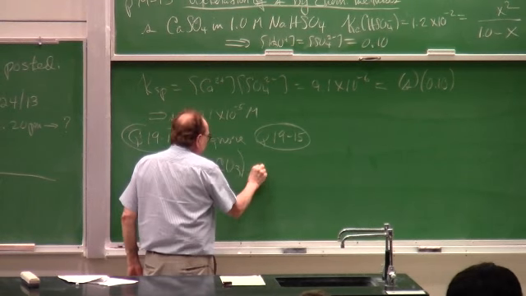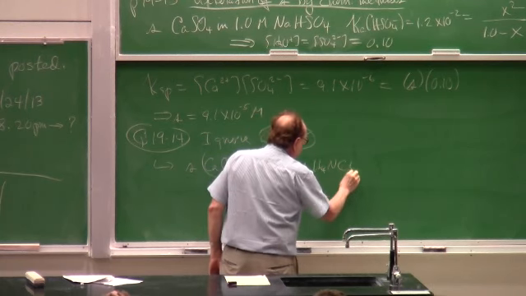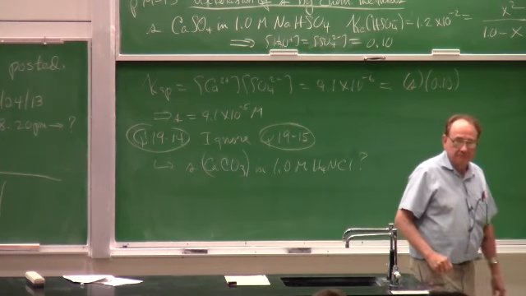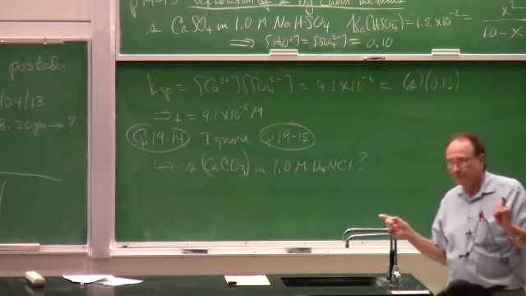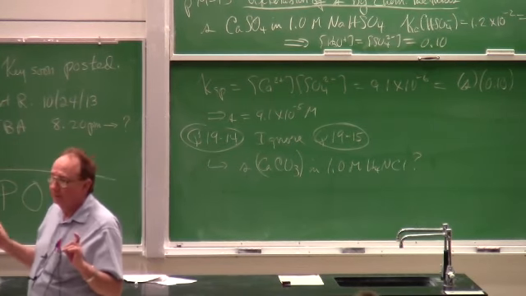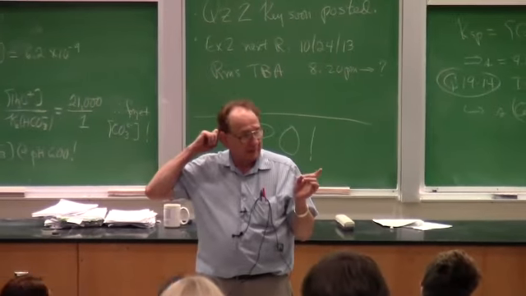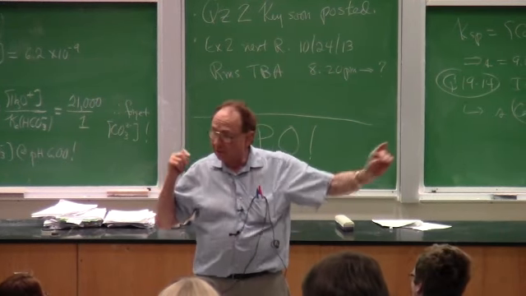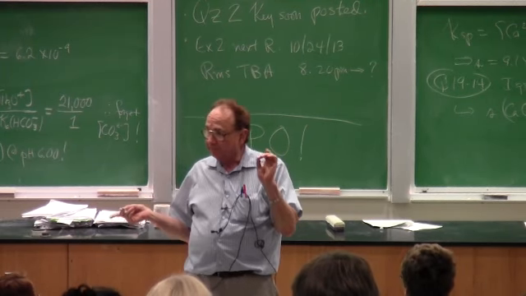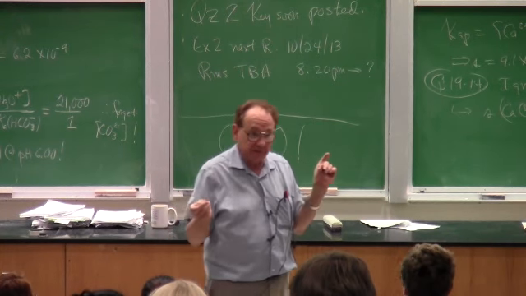S of CaCO3 in 1.0 molar ammonium chloride solution. As we said, before we do any arithmetic, we know the solubility of calcium carbonate in our ammonium chloride solution has got to be greater than its solubility in straight water, because neither ammonium ion nor chloride ion brings about precipitation of calcium carbonate, but ammonium ion is a stronger acid than water, so it'll kill carbonate ion more effectively than water.